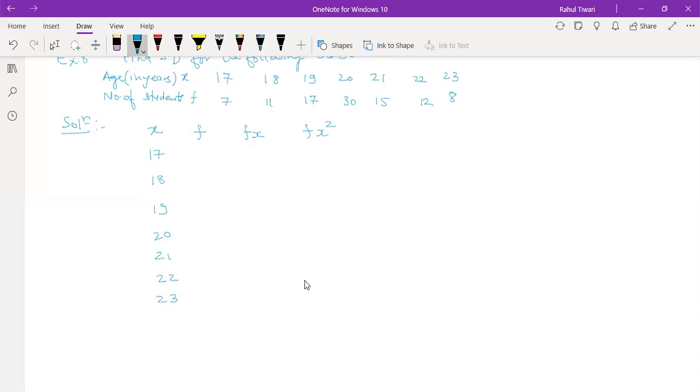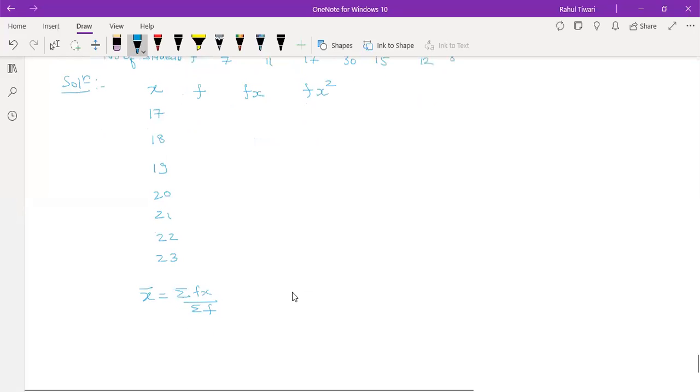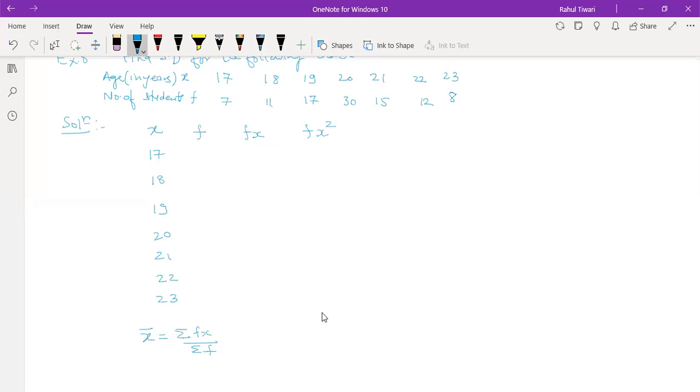You can get x bar from summation of fx upon summation of f, which you can call n also.